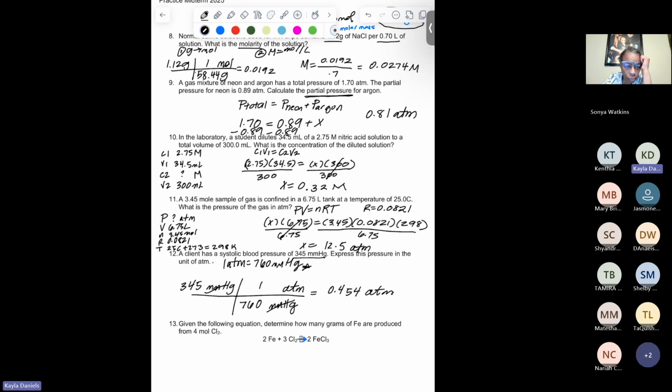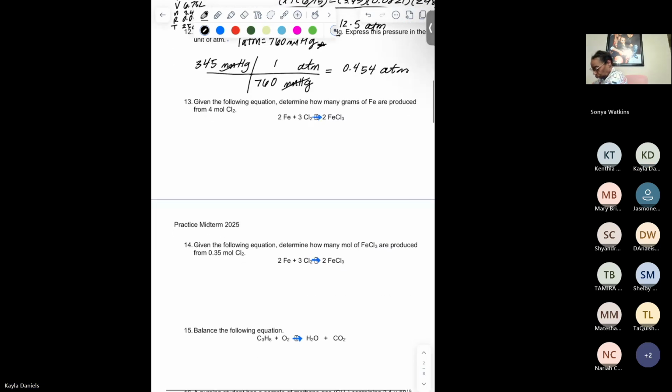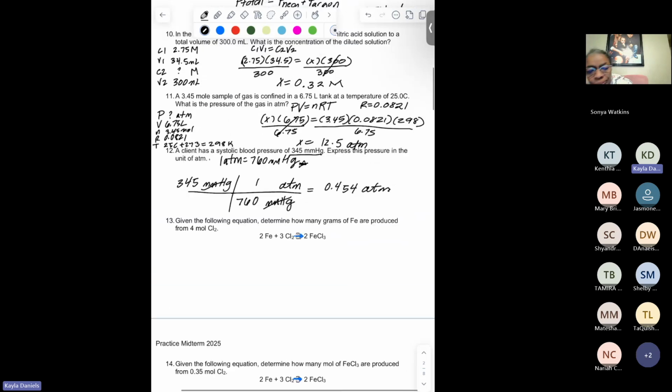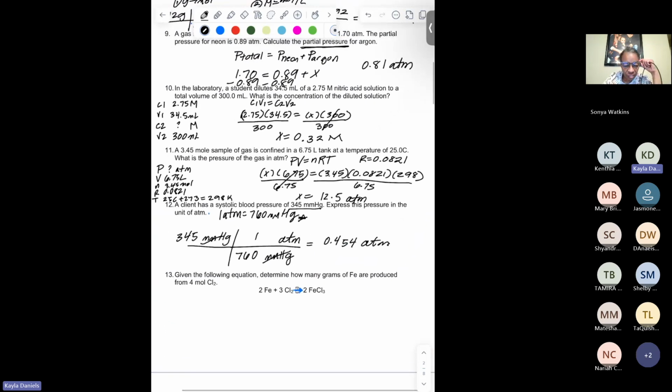Number 13 is stoichiometry, and 14 is stoichiometry. How did I know that? First of all, I see a balanced equation already there, so that's a cue.